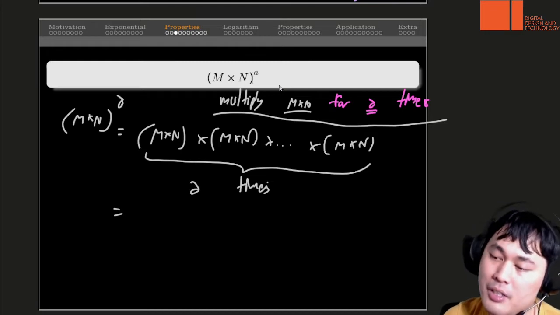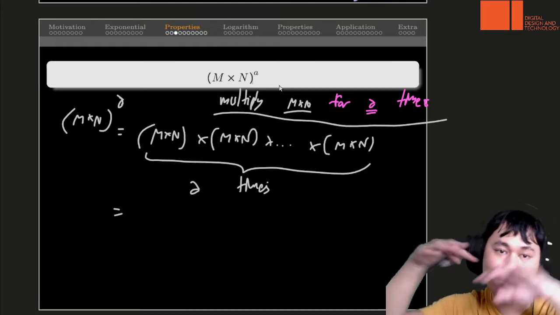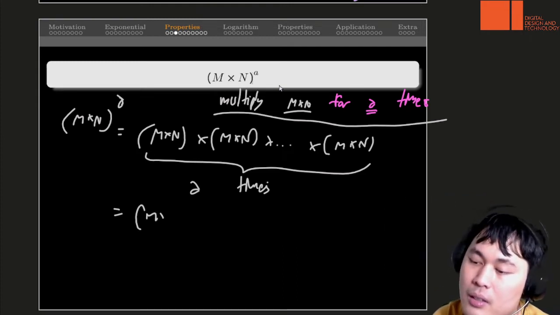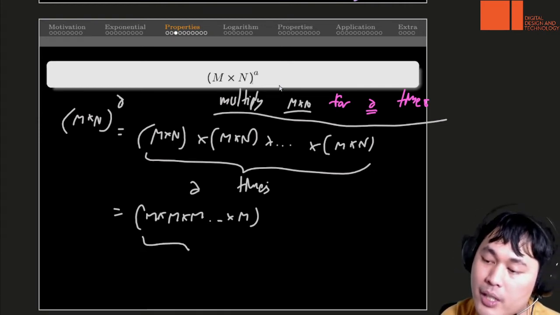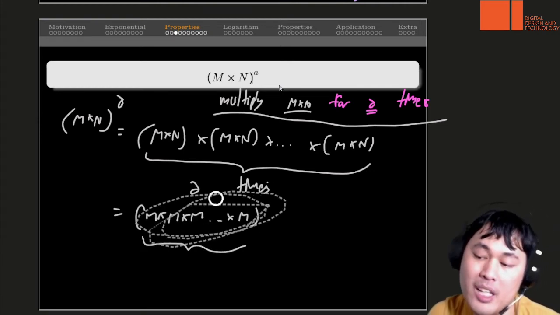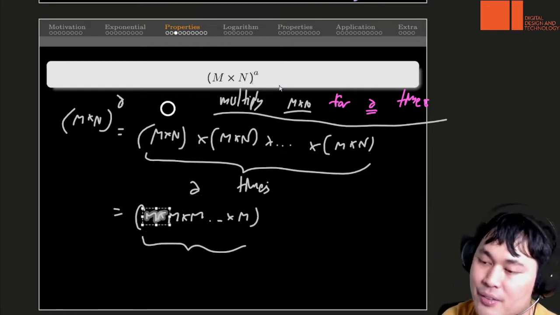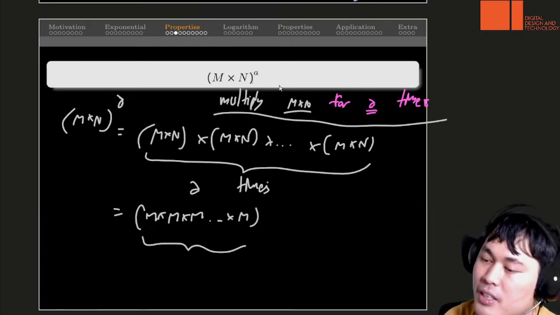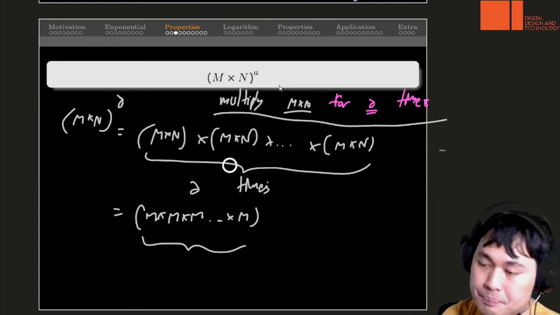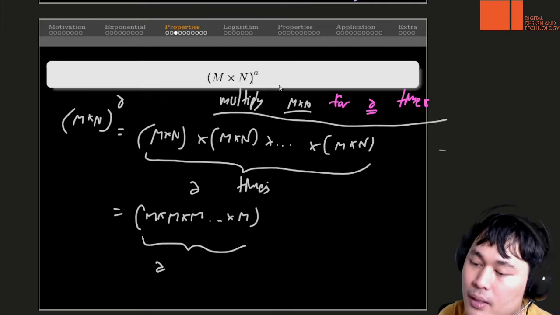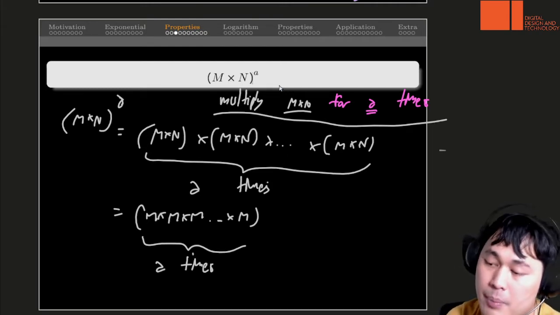But then we have to use the property of multiplication, where you have things multiplied together, you can switch around the numbers however you want. So in this case, we're going to put all the m's together. And how many copies of m are there? There's one in the first term, there's one in the second term, and so on. Since there are a terms, there are also a copies of m.